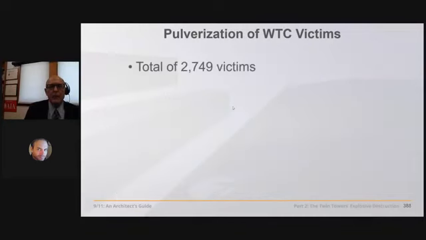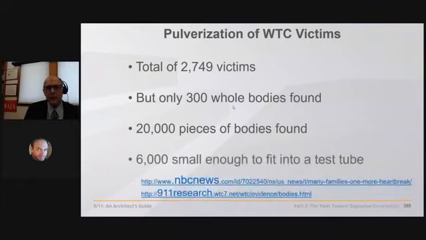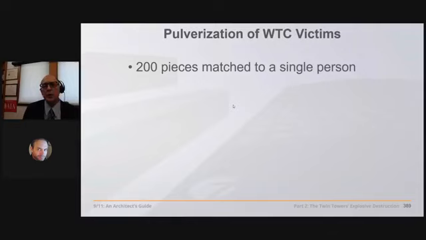There are a total of 2,749 victims at the World Trade Center, but only 300 whole bodies were found. 20,000 pieces of bodies were found altogether. 6,000 of them were small enough to fit into a test tube. 200 pieces were matched to one single person.